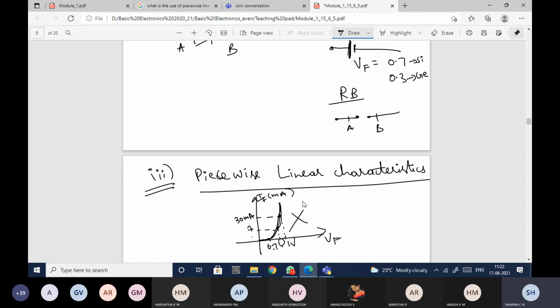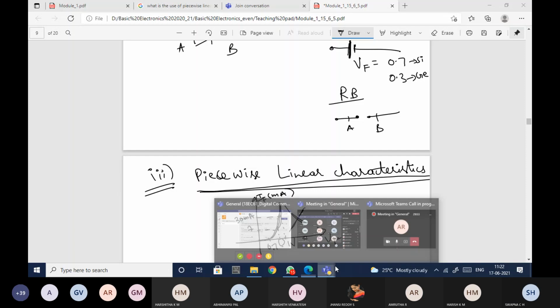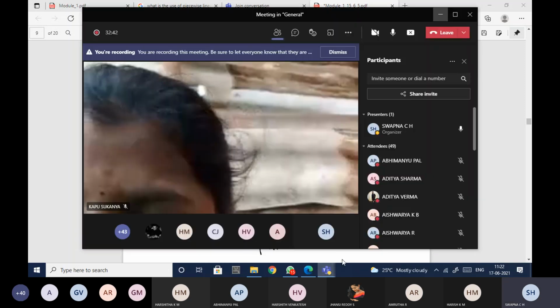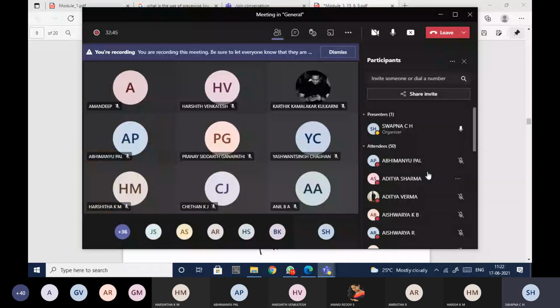We use the piecewise linear characteristics when the diode forward characteristics are not available and he is giving some data. Then we will be able to construct the piecewise linear characteristics. How we construct that, we'll see now. Hope you are understanding, right? Yes, ma'am.